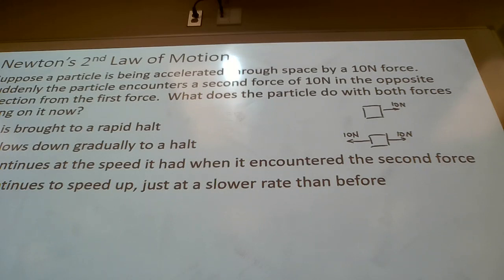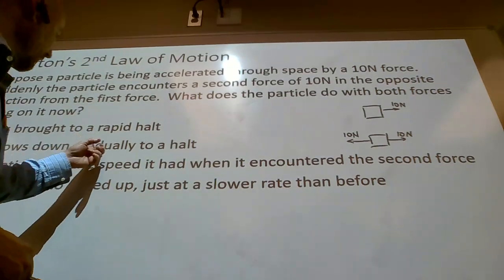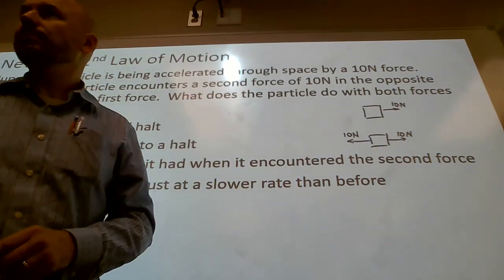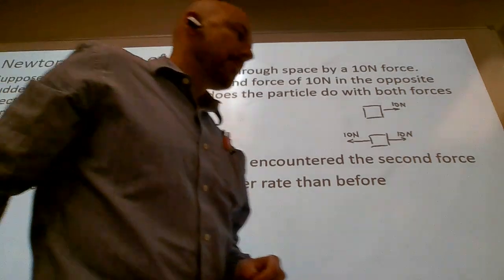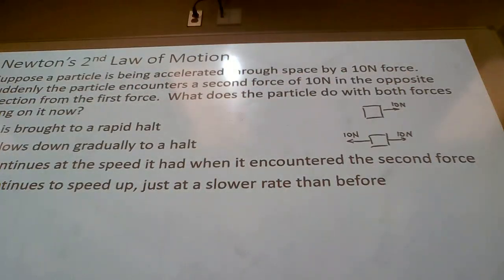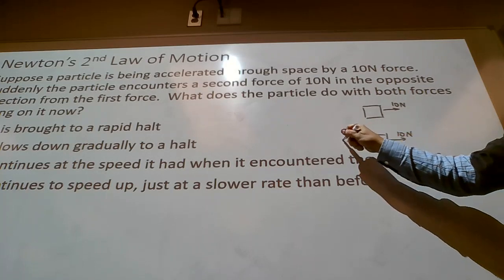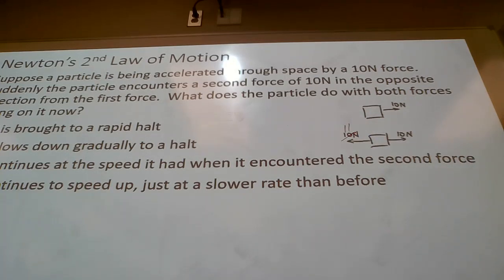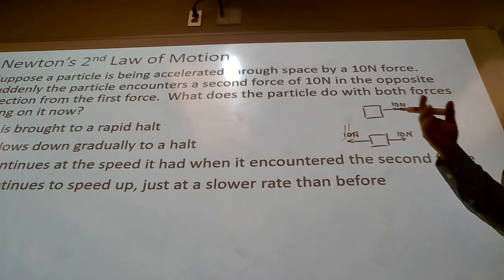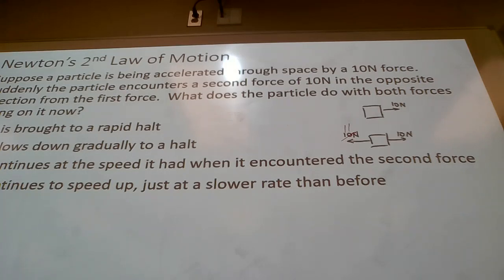What would have to be true for B to be correct? Ethan. Yep. There'd have to be, like, if this was 11 or another force of 1 or something. Okay.